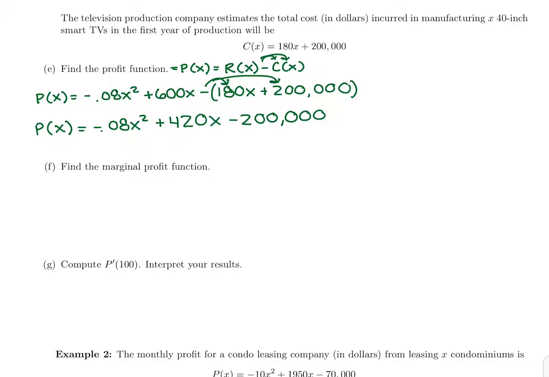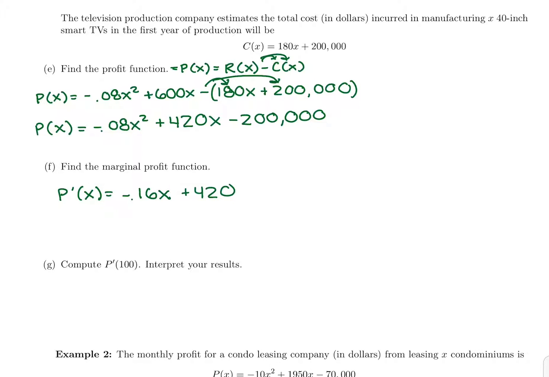So we just practiced plugging into our profit function, and now the next part says find marginal profit. Remember, marginal just means take the derivative. So derivative of negative 0.08x squared, I'm going to bring down the power. It's going to give me negative 0.16x. Our mini rule derivative of 420x is just going to be 420. And then the derivative of negative 200,000 is just 0.